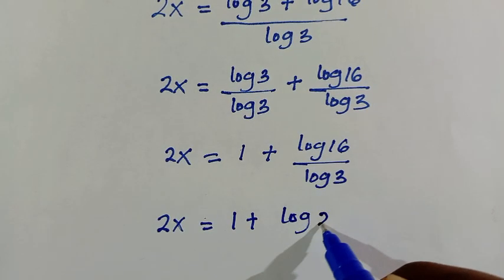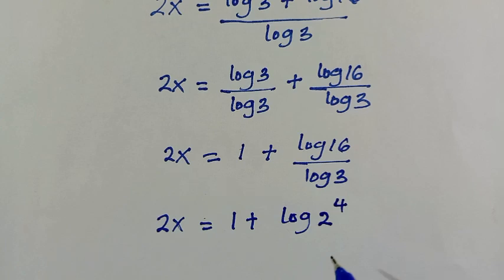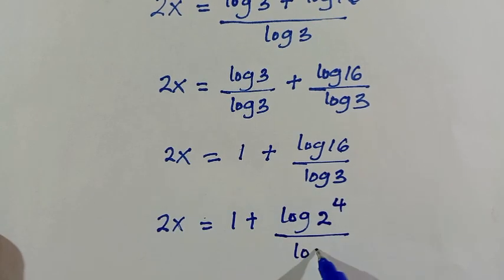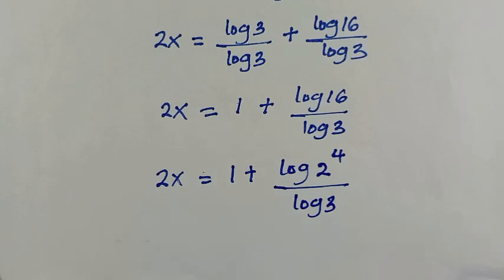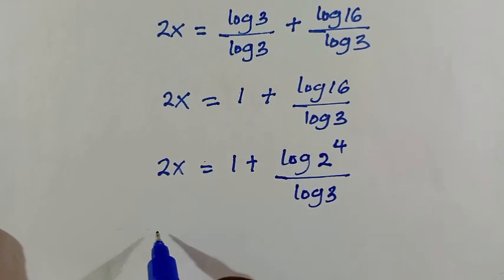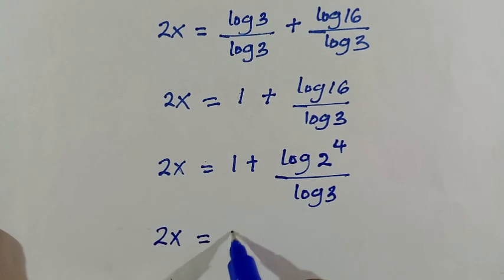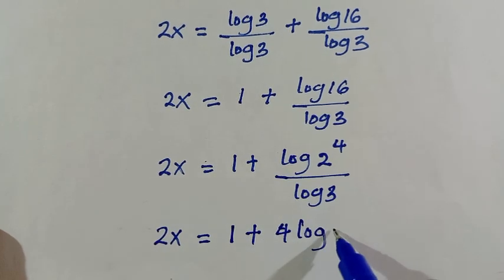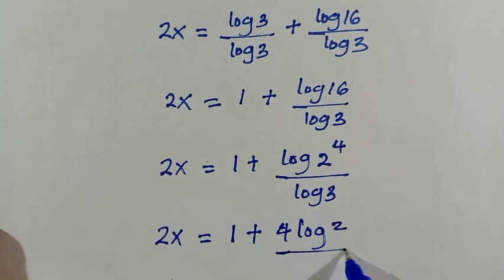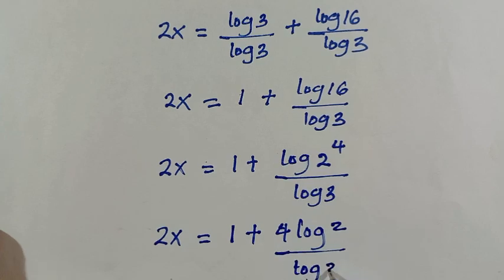So next from here, let's try to rewrite 16 properly as 2x equals 1 plus log 2 raised to the power of 4, that is 16, divided by log 3. Then by rule of log, we have this as 2x equals 1 plus 4 log 2 divided by log 3.